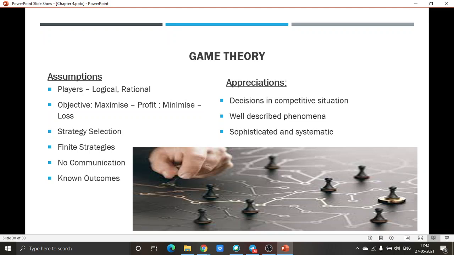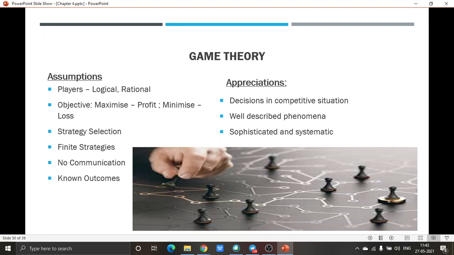Now, game theory is used most of the time in defense, where military planners apply the theory in planning and decision making. What are the possible advantages of game theory? The first is that game theory is able to develop a framework for analyzing decision making in competitive situations, which are interesting in nature.